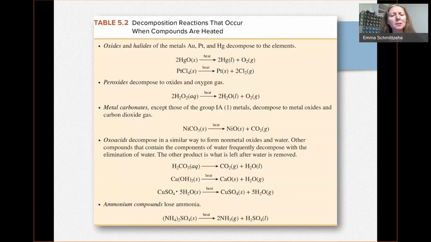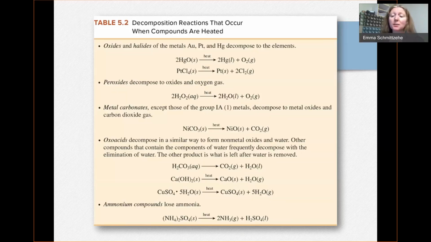When you have oxides and halides of metals, generally they're going to break down completely into the metal and oxygen, or the metal and the halogen, okay? That's going to be true for any compound that's just 2 elements. If it decomposes, it has to decompose into the elements.